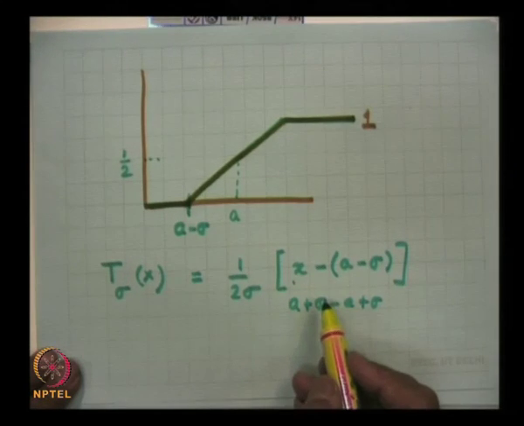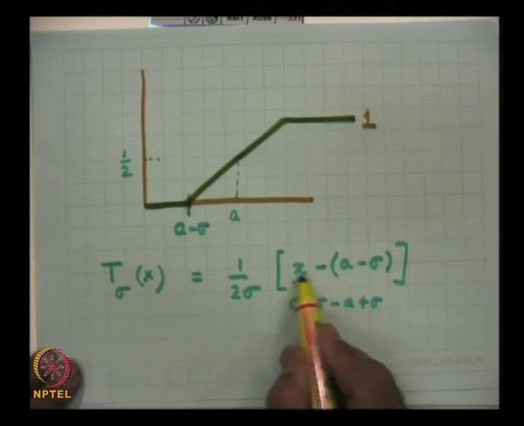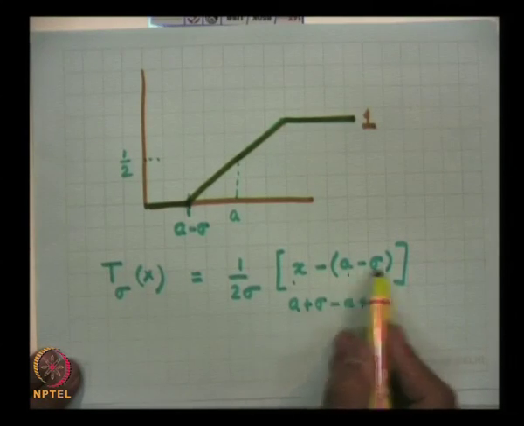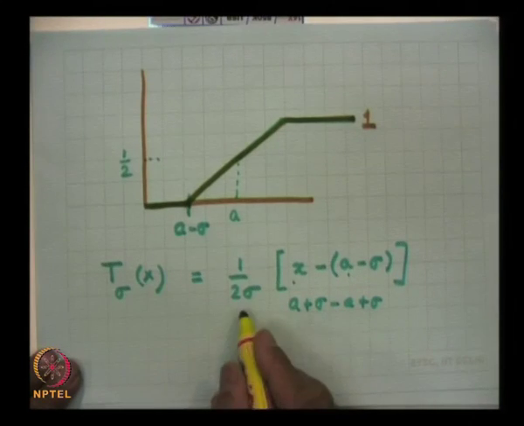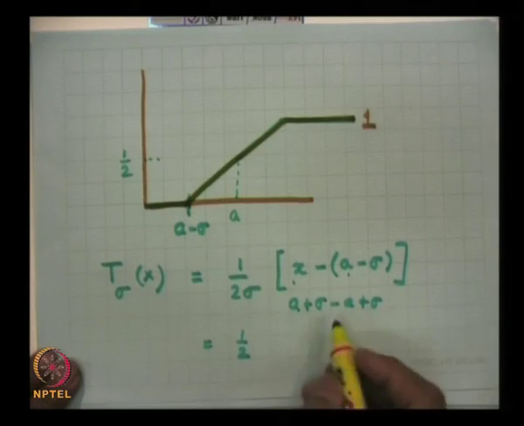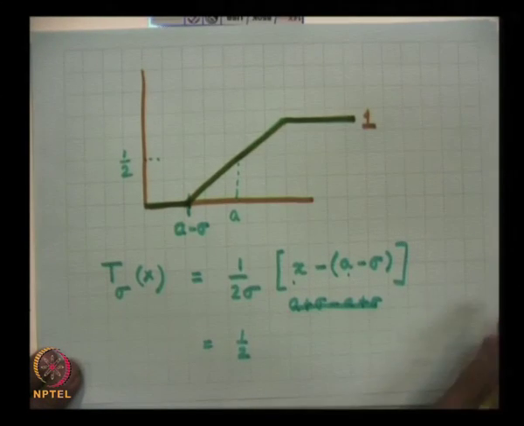And at x is equal to a, this is 0 plus sigma, so sigma by 2 sigma. So, at x is equal to a, it has the value equal to half. So, in this region between a minus sigma and a plus sigma, T sigma of x has this value.